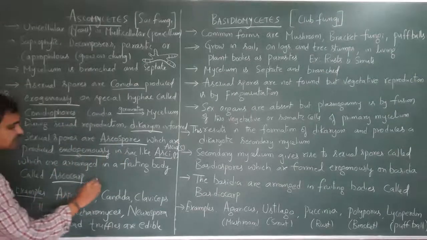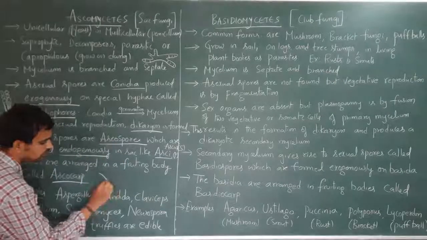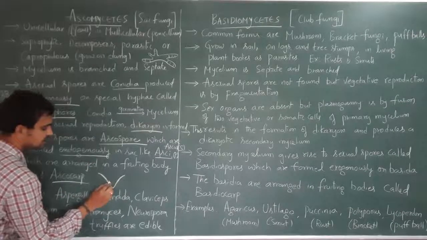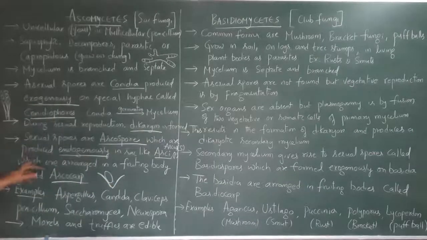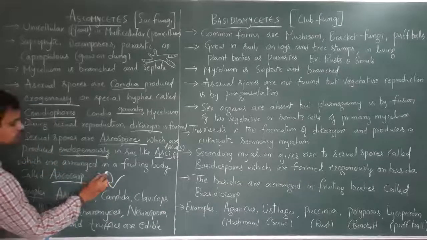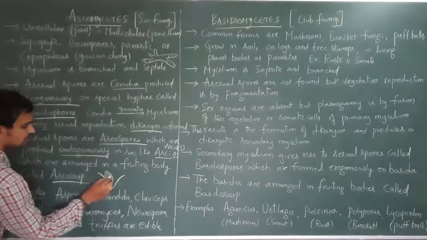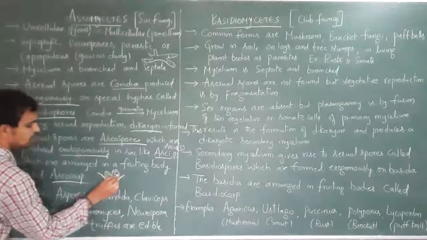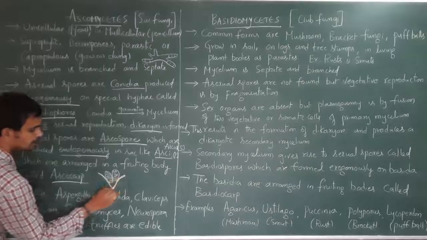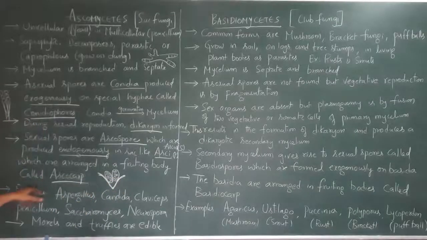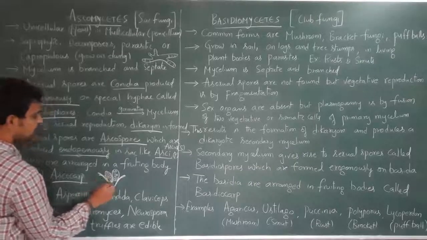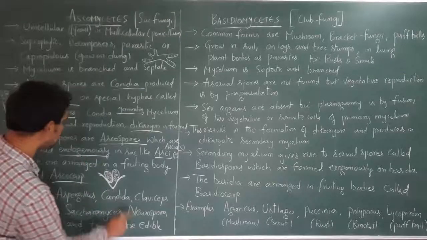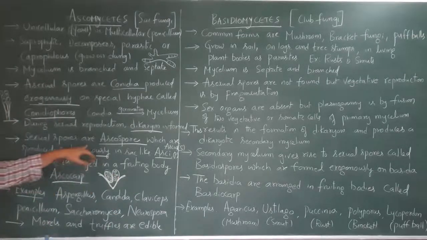For example, this is the ascocarp, and this is the ascus, and the sexual spores are called ascospores. For your understanding, I am explaining it like this. This cup-like structure is called ascocarp, and this is called ascus. Within the ascus you can find the ascospores. This is how the ascospores are produced.